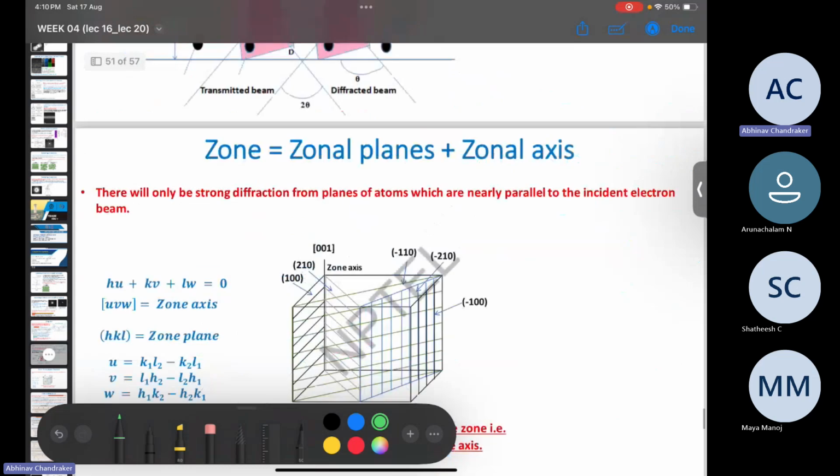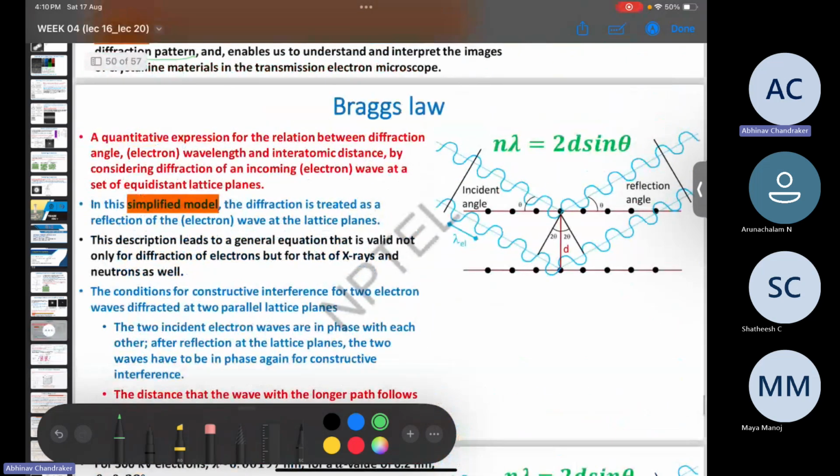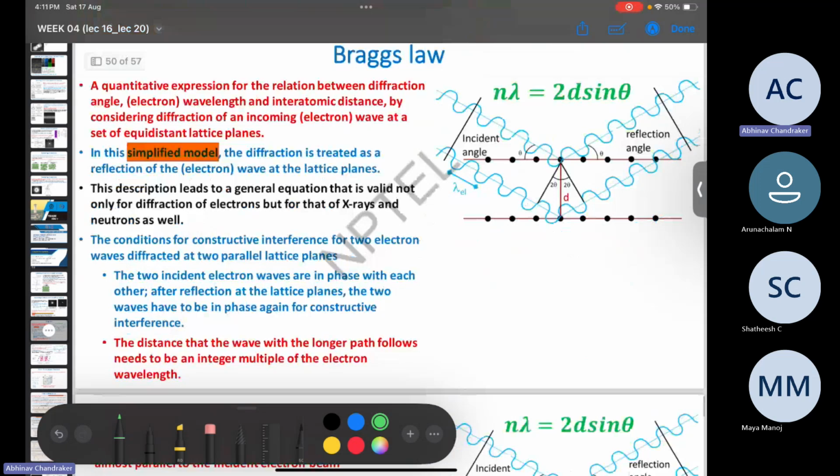So now coming much more into the basics of diffraction, after we have understood the uses of diffraction in TEM and how we use it for getting dark field imaging, as well as in case of HADF. Now we'll come to the basics of how diffraction occurs, and what are the factors which can affect the diffraction phenomenon.